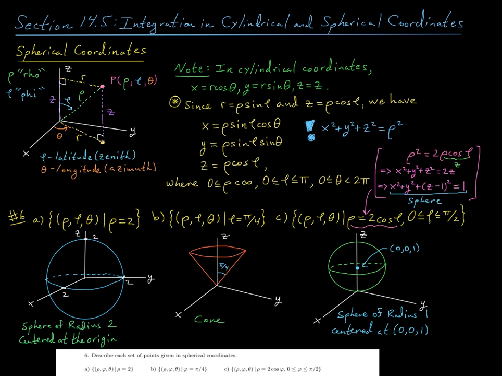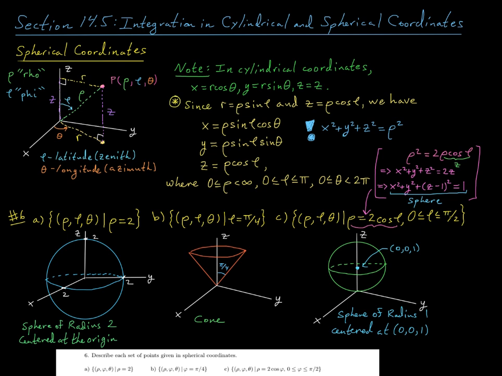Now, as far as this restriction on phi is concerned, this is necessary for the reason that if you think about all points on this sphere, they're all living above the xy plane, except of course at the South Pole when I'm at the origin, right? So all these points on the sphere will correspond to angles for phi between 0 and pi over 2.